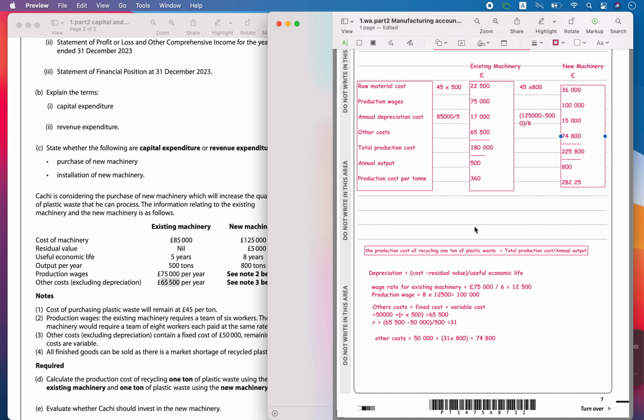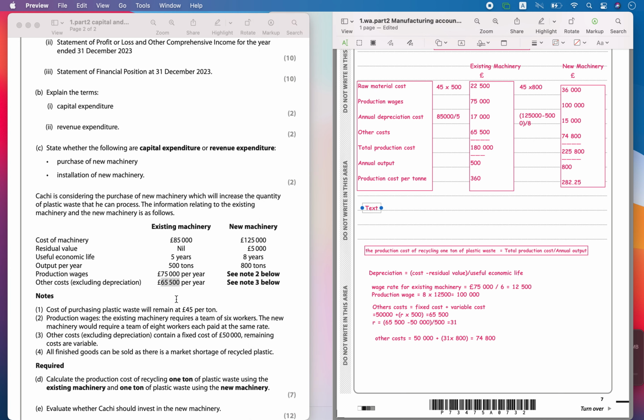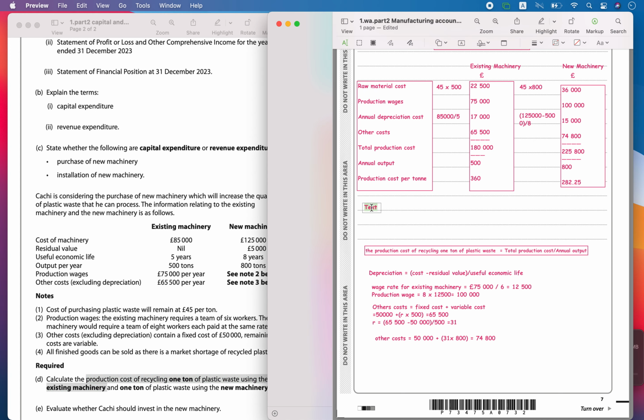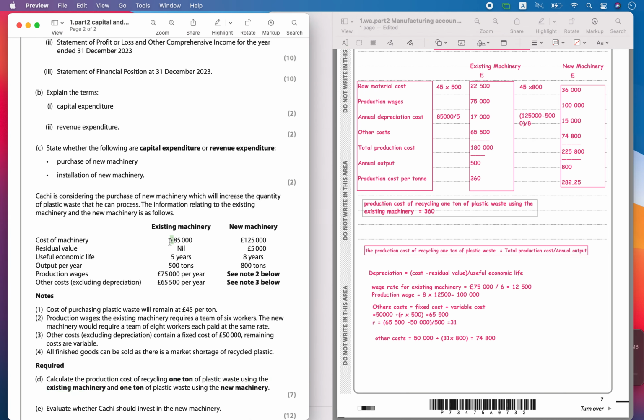So the production cost for 1 ton of plastic waste using the existing machinery is going to be equal to 360 pounds.